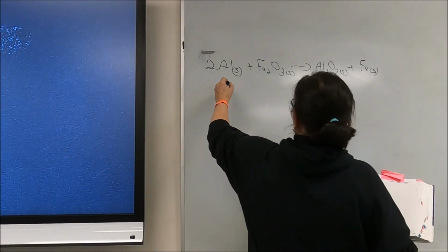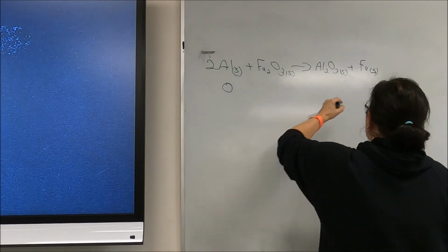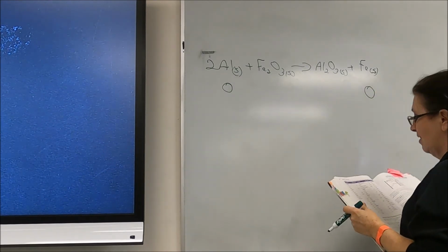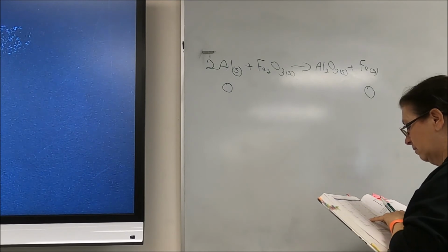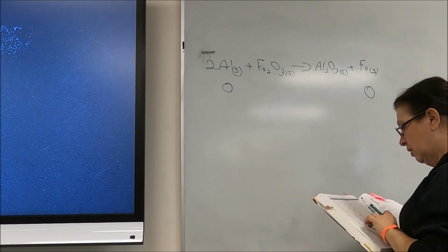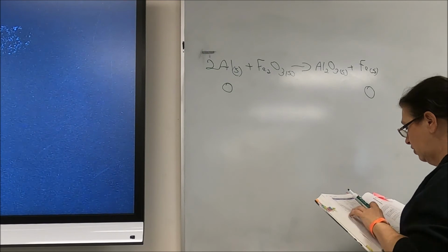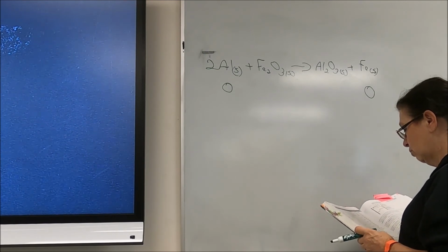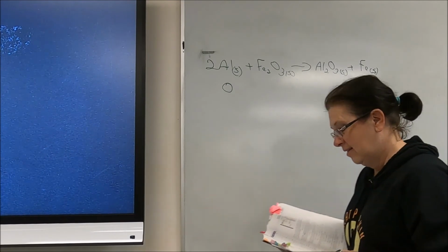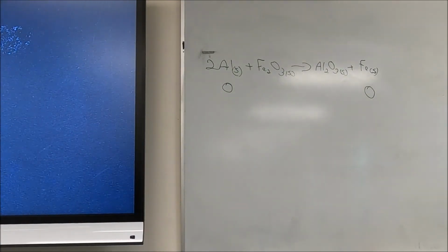Aluminum is a pure substance. It's 0. Iron is a pure substance. It's 0. Iron 3 oxide, let's see, iron, chlorine, oxygen, silver, come on, give me iron 3 oxide here. Of course it doesn't give it to me. It's not there.